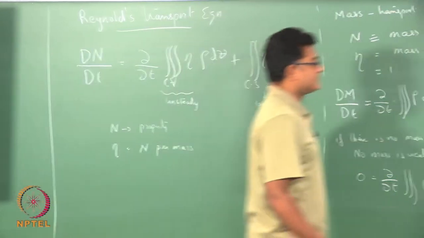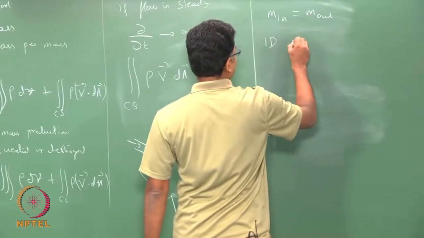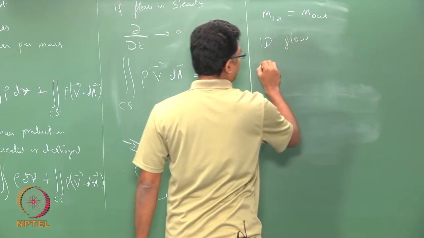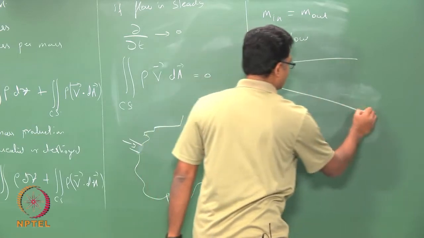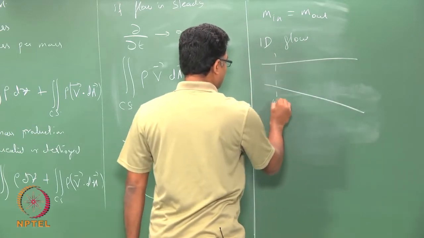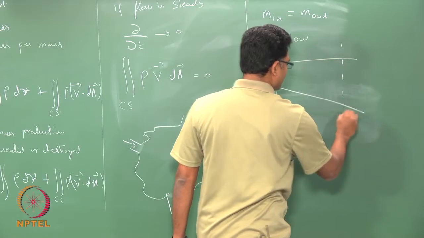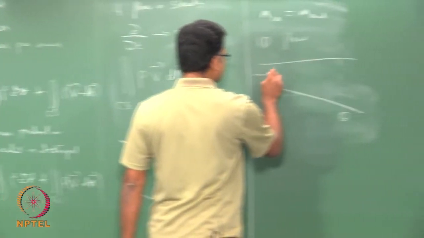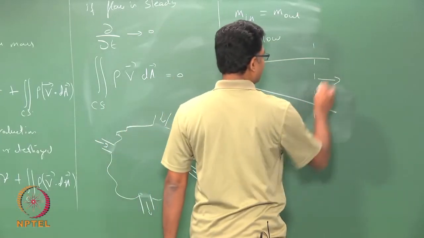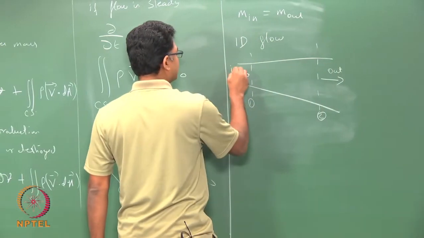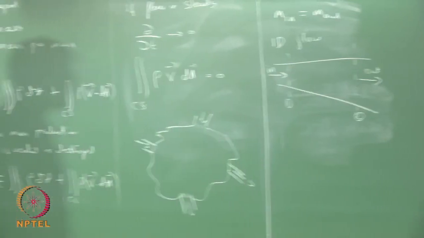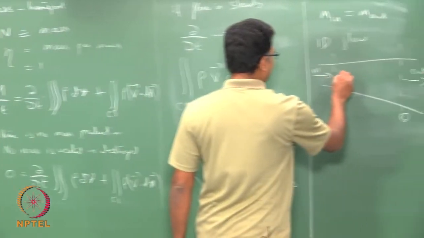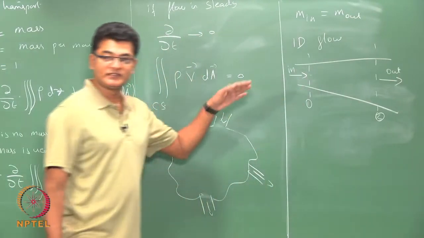So, let us have a 1D system where there is fluid that is coming in, fluid that is going out. Which means that velocity at the cross section is the same.